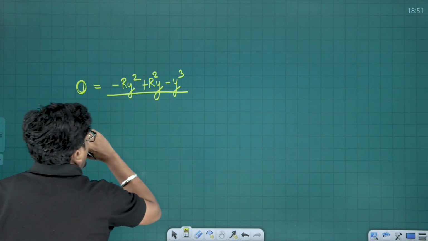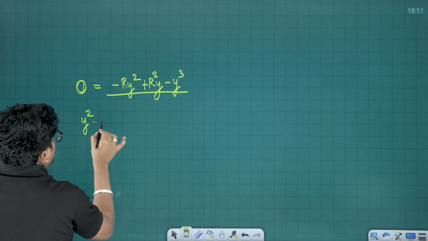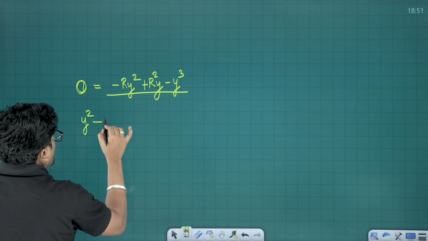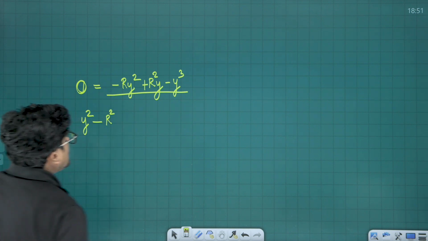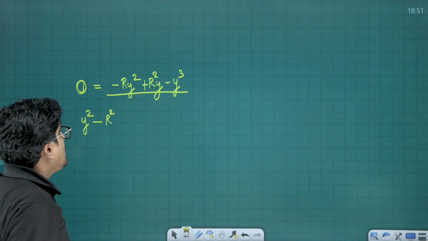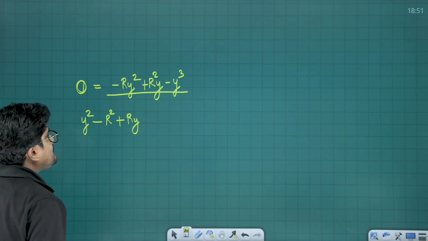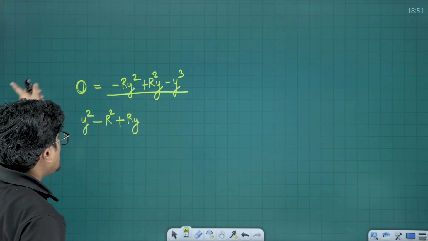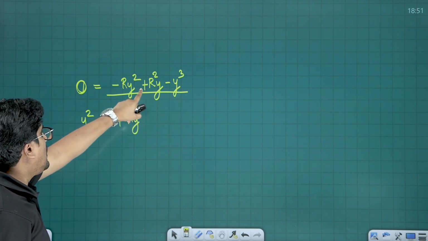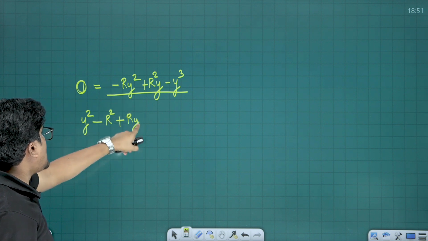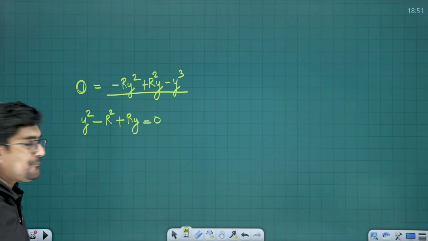So finally what I can have is, once I take this towards the left, y square minus r square plus r into y, isn't it? Because this is coming towards the left, so here this is going to be y square, here this is going to be minus r square, and here this is going to be plus r into y, now equal to 0. This is a quadratic equation now.